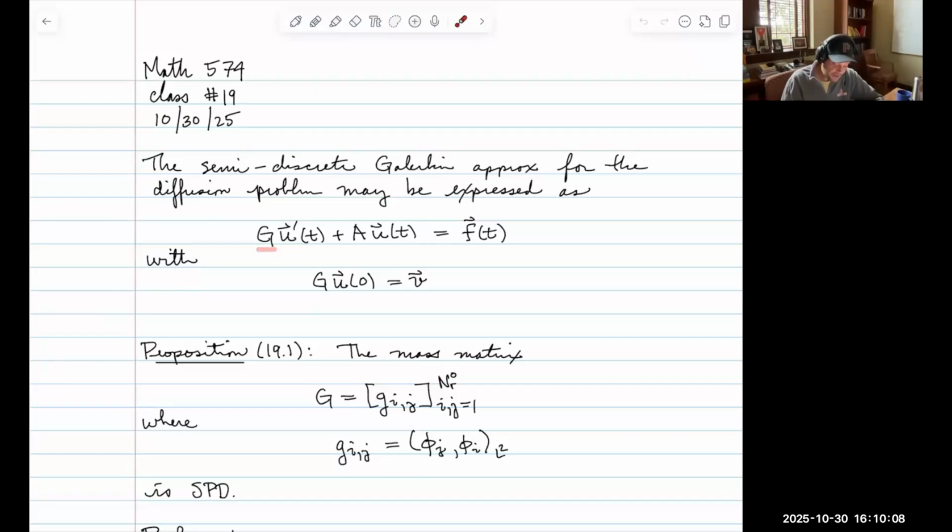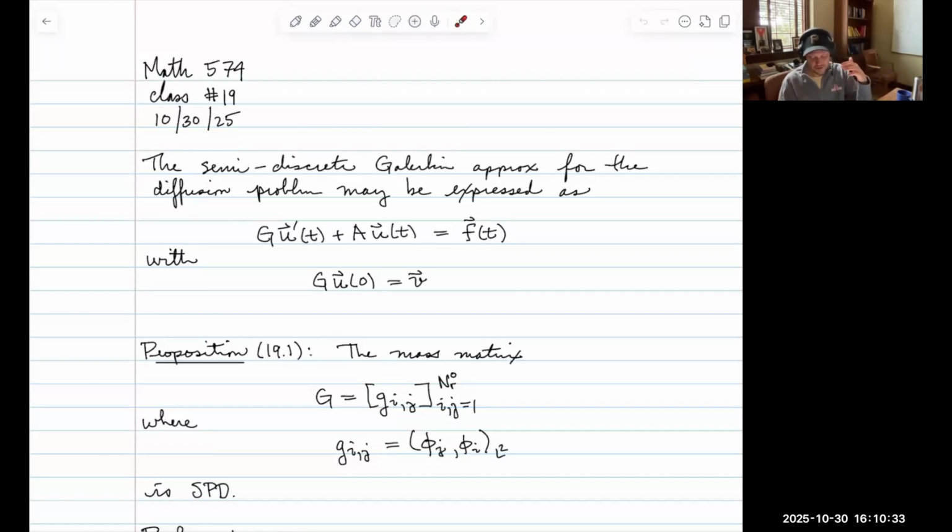But the mass matrix sits in front of this u prime vector, the time derivative of u, and the stiffness matrix A multiplies the vector u of unknowns. The sum of these two operators is equal to a given forcing function, f.